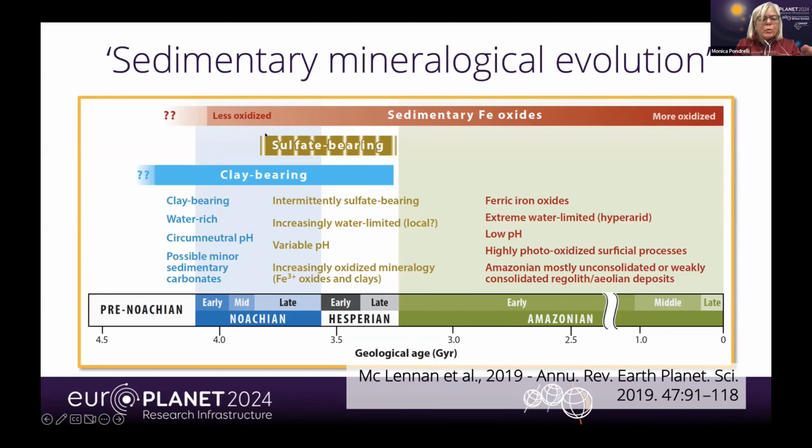Clay-bearing deposits were dominant until the mid-Noachian, suggesting water-rich conditions. Then these clay-bearing deposits started to be interbedded with sulfate-bearing deposits during the late Noachian and the Hesperian, suggesting conditions with an increasing water-limited content, and then during all the Amazonian, these conditions became water limited or, better, hyperarid.